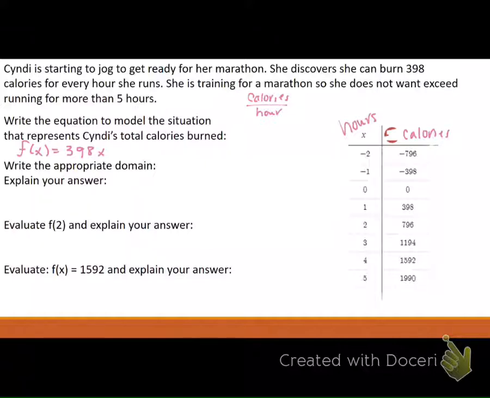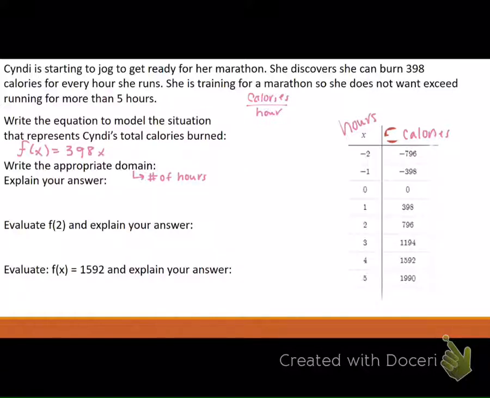All right. So, the domain has to do with the number of hours. What is the least number of hours she can run? Zero. What is the most she wants to run? 5. That's 5 hours, not miles. If she was running a marathon, she would have to train for 26.2 miles.